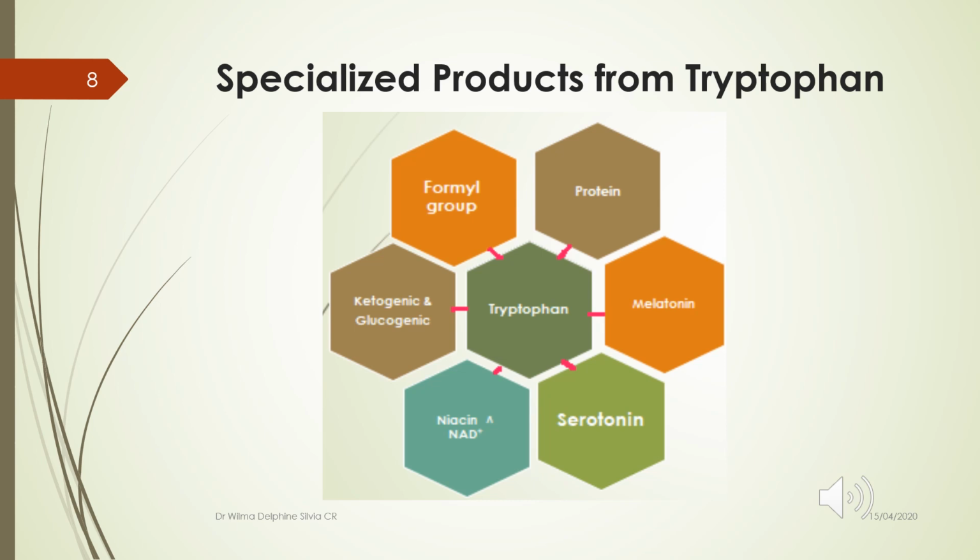From the kynurenine pathway, we have seen that several products are obtained, for example the formyl group, which enters into the 1-carbon pool, then alanine, acetoacetyl-CoA, and NAD+. In the second pathway, the serotonin pathway, tryptophan is converted into serotonin, which is also a specialized product. Serotonin further undergoes metabolism by acetylation and methylation to form melatonin.